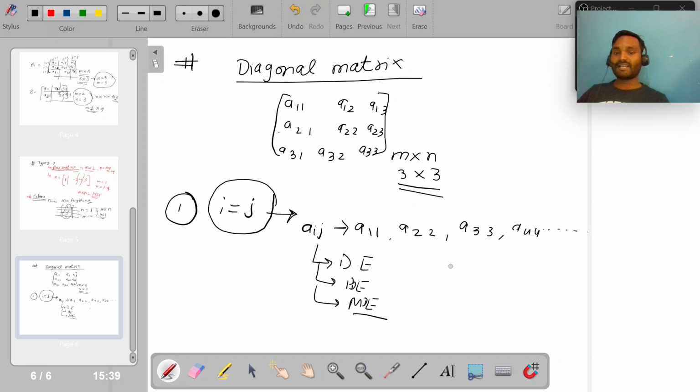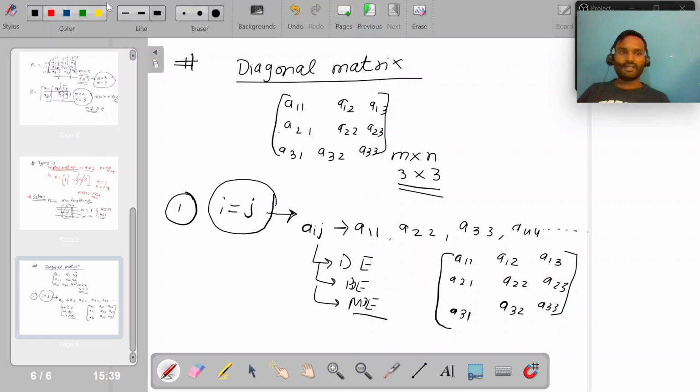So if we are saying this is the main diagonal element, let me take a11, a12, a13, a21, a22, a23, a31, a32, and a33.